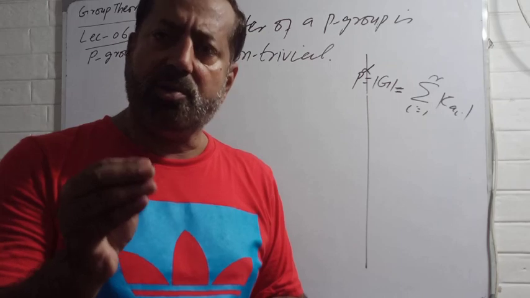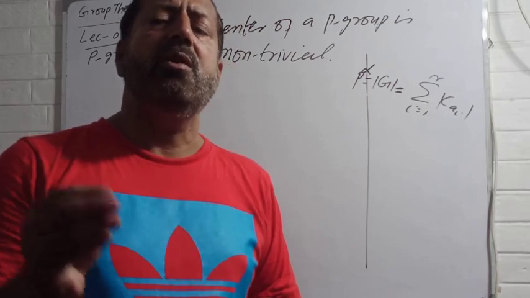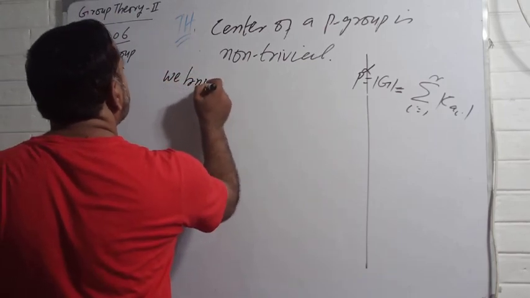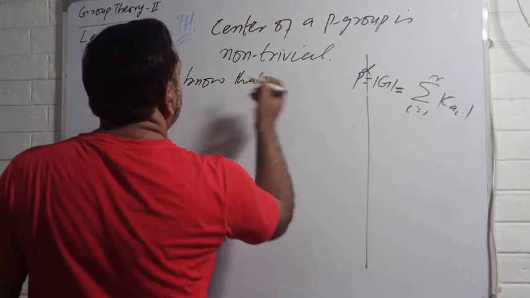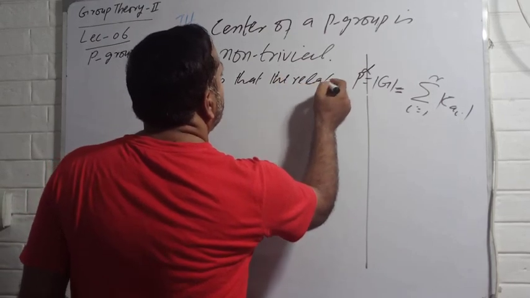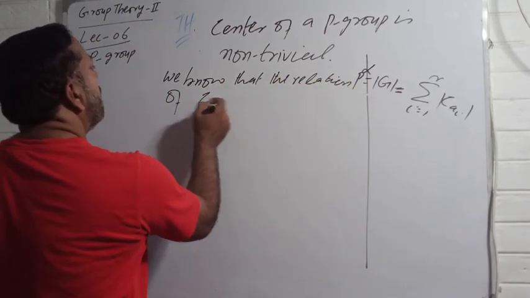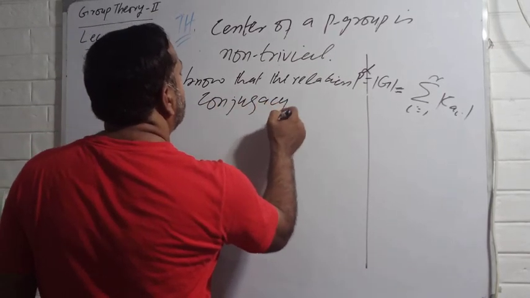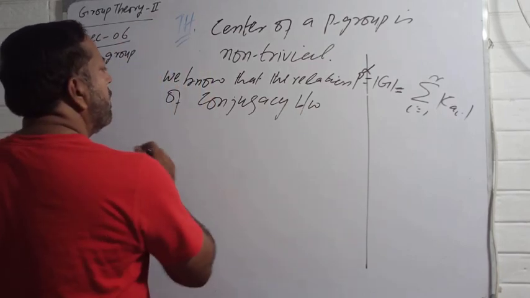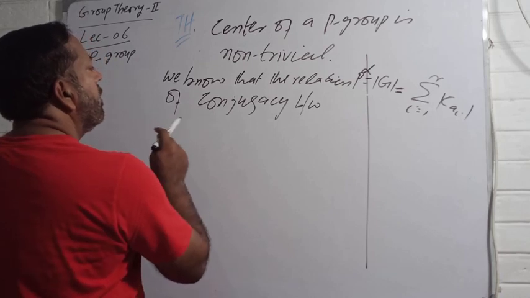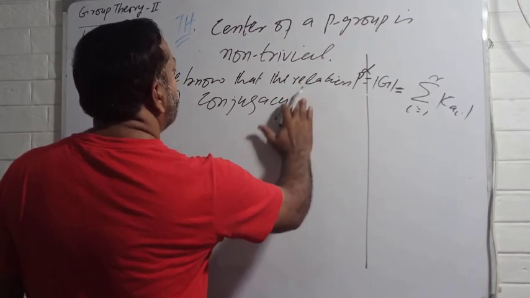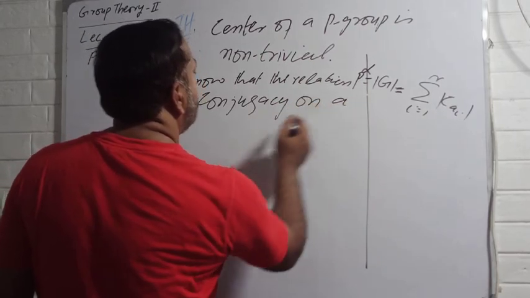Let there be r possible conjugacy classes, namely C(a_1), C(a_2), up to C(a_r).